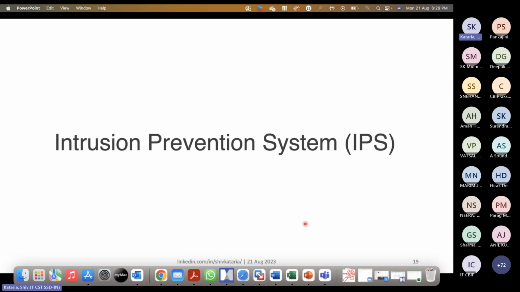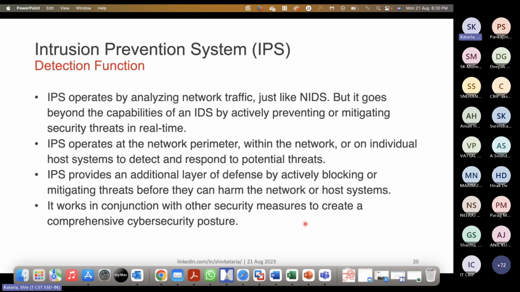And pretty often, if we don't have knowledge of the kind of traffic we require, it might hamper the availability of the system as well. So an IPS again analyzes the network traffic, but it goes beyond the capability of an IDS by actively preventing and mitigating security threats in real time.